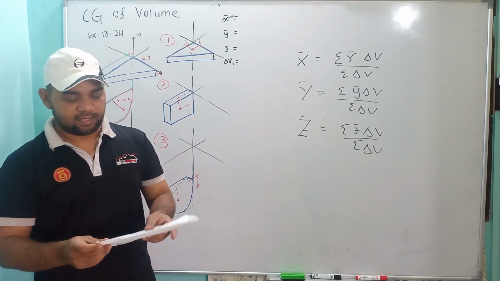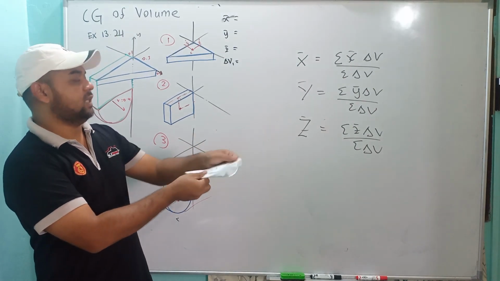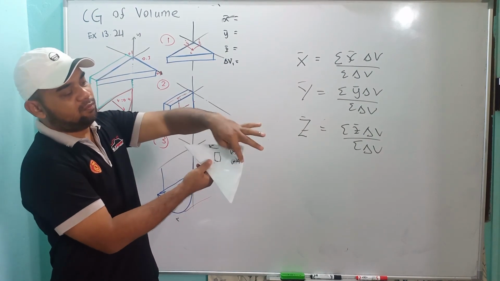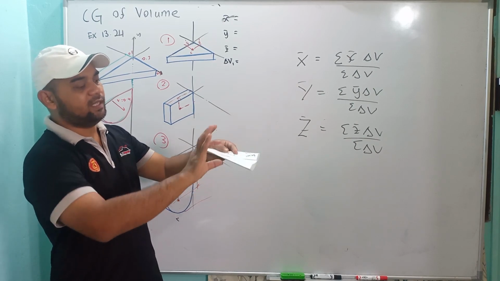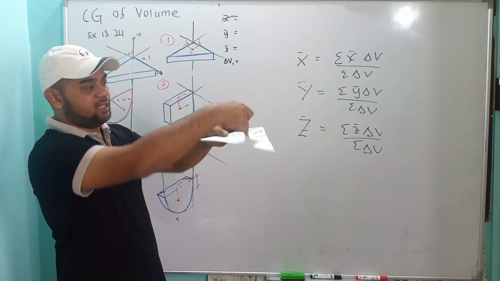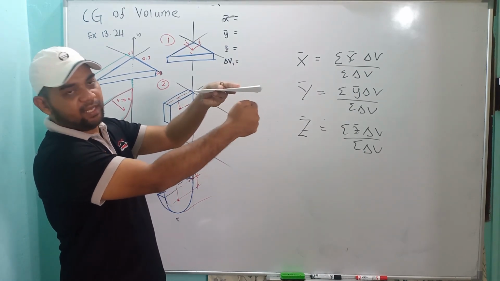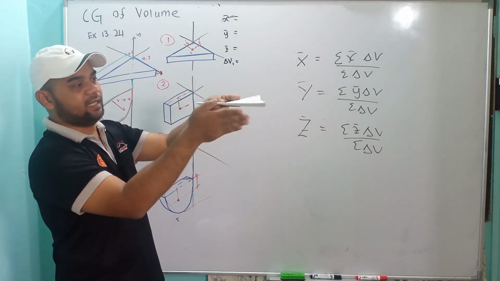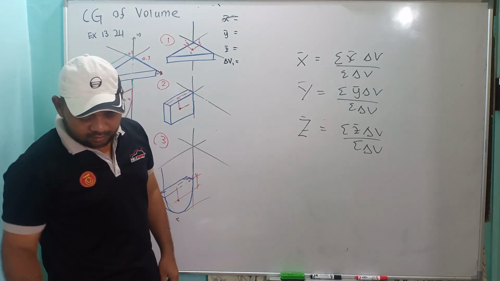We know the centroid is at this point, 1/3 from the length and 1/3 from this length, but it has a thickness that is homogeneous, so from this direction it must be right in the middle.